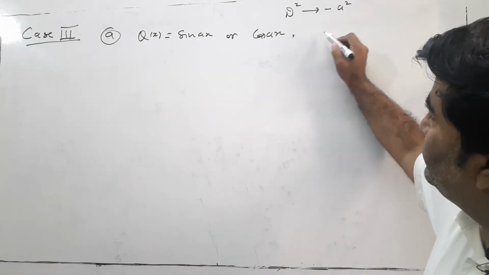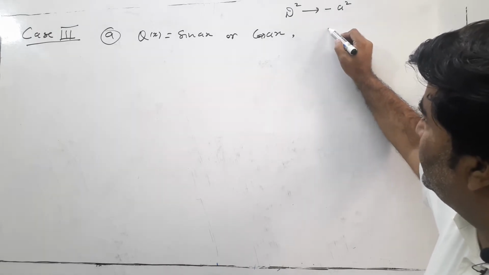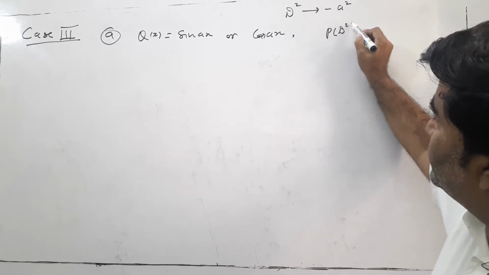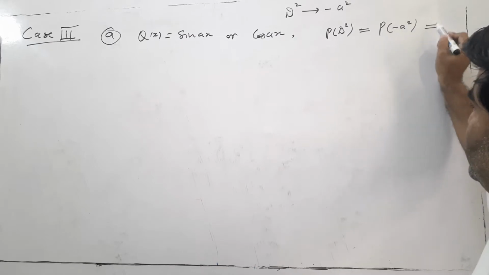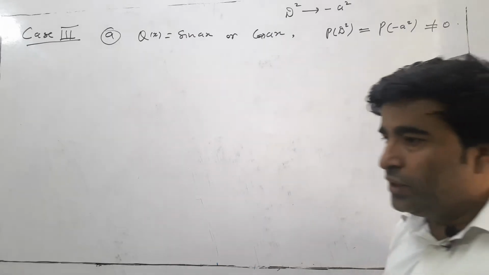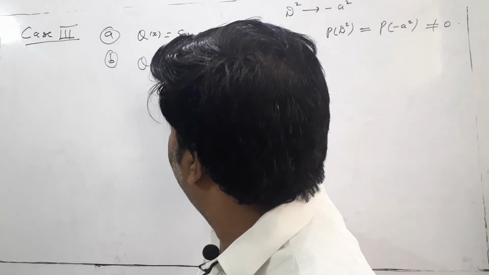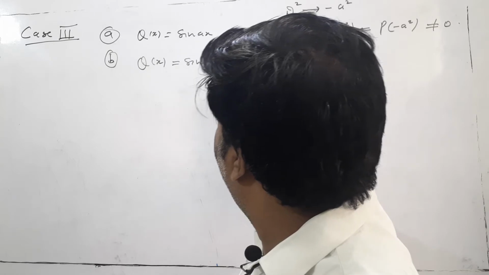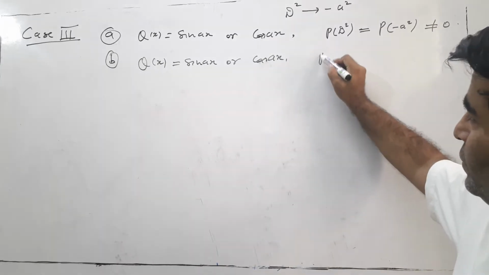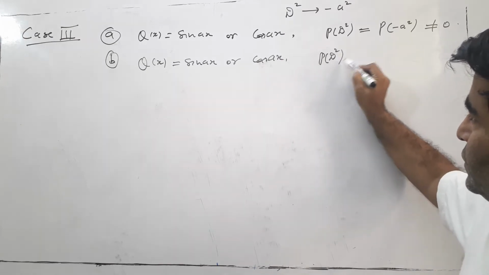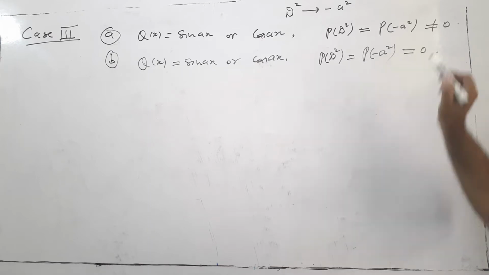If P(D square) minus a square is non-zero, and Q(x) is sin ax or cos ax, when on taking D square equal to minus a square this is 0.